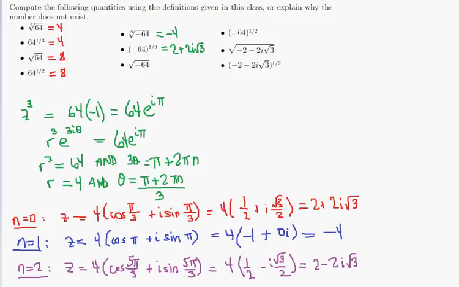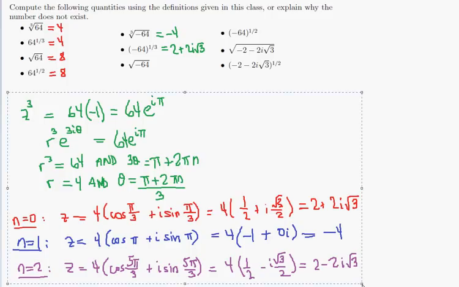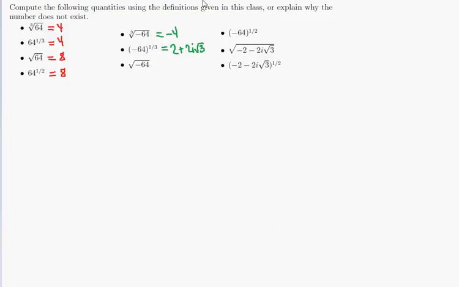Now, to go over why they're identical, let me take, say, 64, positive 64. So I'm going to go back and look at 64 to the 1/3. So suppose I'm solving z cubed equals 64, and I do the plus 64 case in very much the same way that I did the negative 64 case.